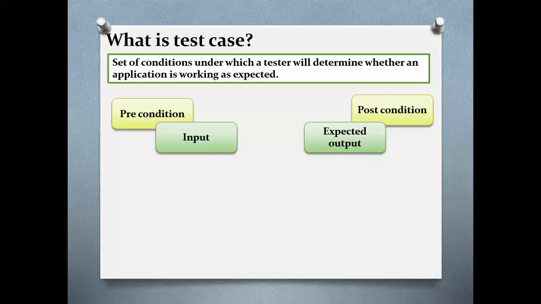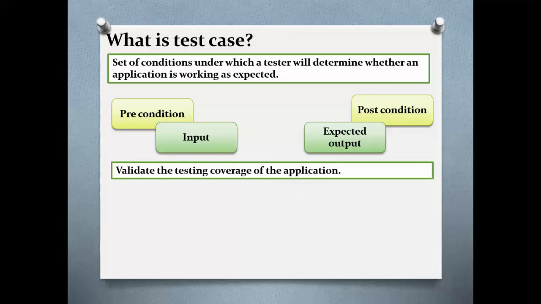Writing effective test cases is a skill that can be achieved by studying the documents based on which test cases are being written. The basic objective of writing test cases is to validate the testing coverage of the application.